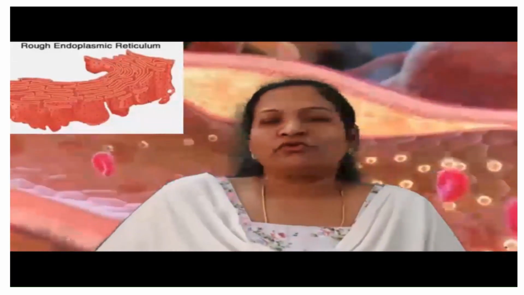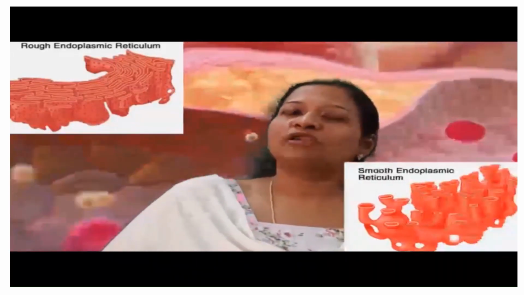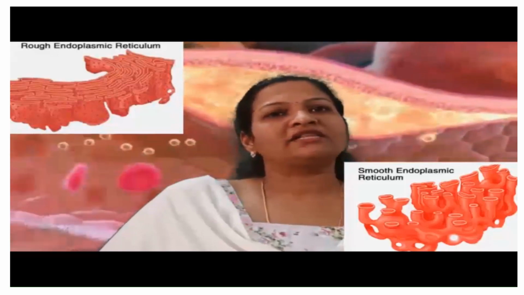If ribosomes do not attach to the endoplasmic reticulum, we call it as smooth endoplasmic reticulum. The endoplasmic reticulum is a passageway for transporting materials in and out of the cell, such as the proteins. These proteins get deposited in the Golgi bodies.